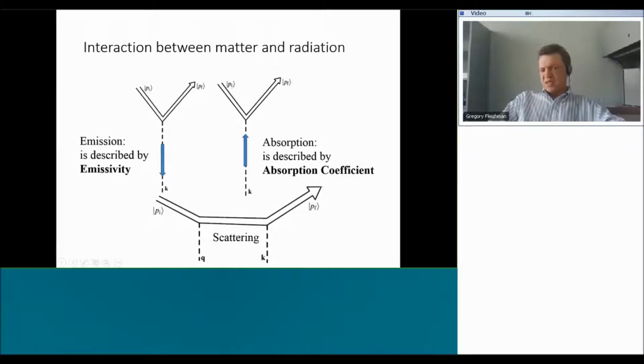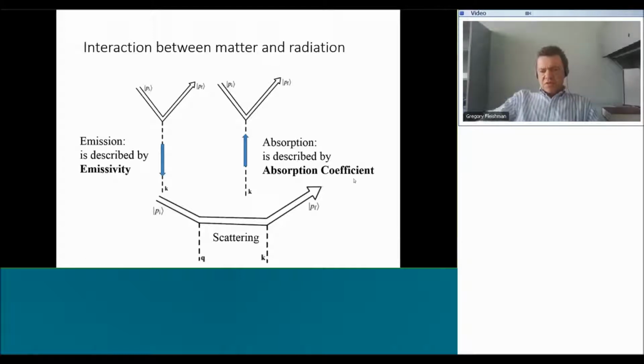The photon dies, and the energy of the particle system increases exactly by the amount of energy lost by the photon. Absorption is described by the absorption coefficient, which tells us what fraction of radiation is absorbed when it moves along a medium, for example along 1 centimeter of the medium.